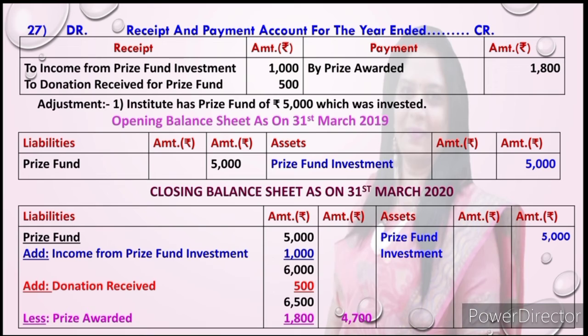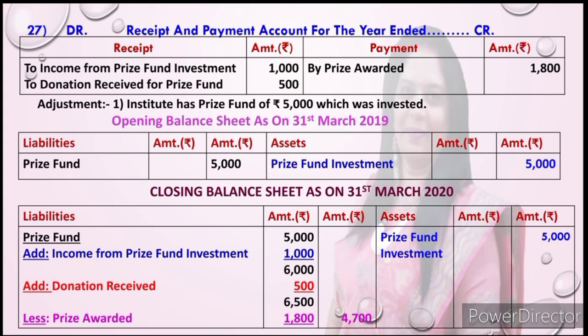And again in the adjustment it is given that it was invested. That's why in the opening balance sheet, on the asset side, it will be recorded as prize fund investment 5000. The second effect will be carried forward in the closing balance sheet: liability side prize fund 5000, on the asset side prize fund investment 5000.